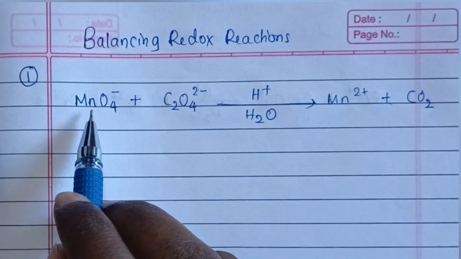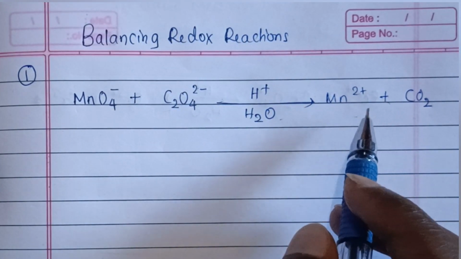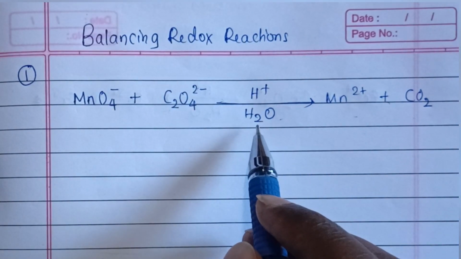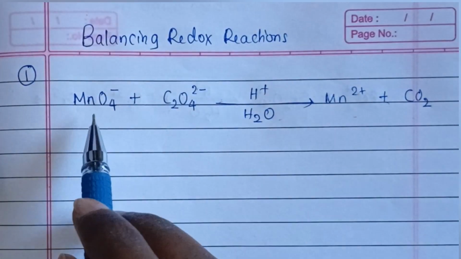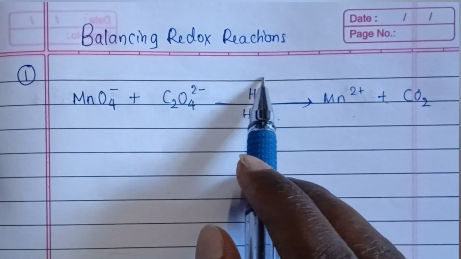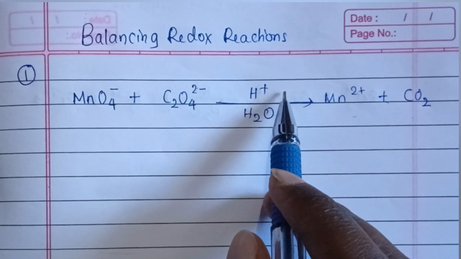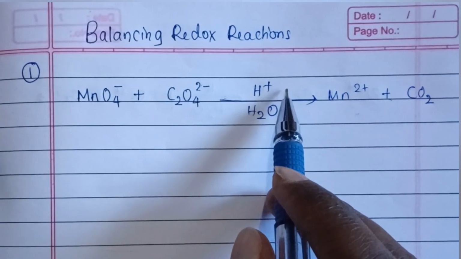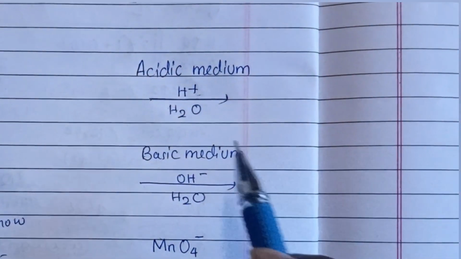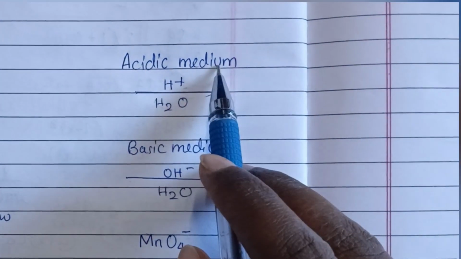Whenever you get this type of question, you first have to see in which medium the reaction is going on. First of all, you will see which reagent is given. I have classified these reagents very easily: when you have H plus and H2O, this will be an acidic medium.